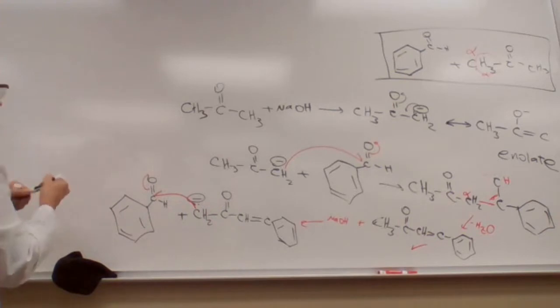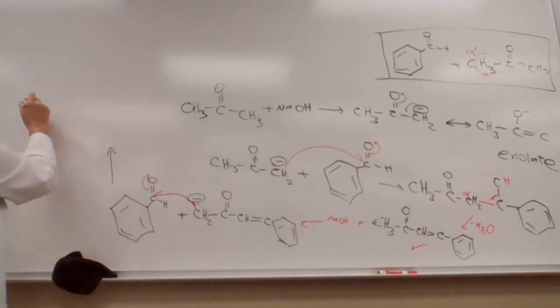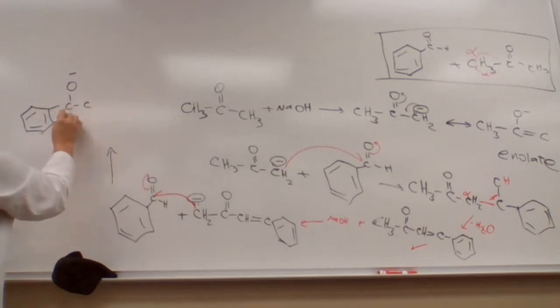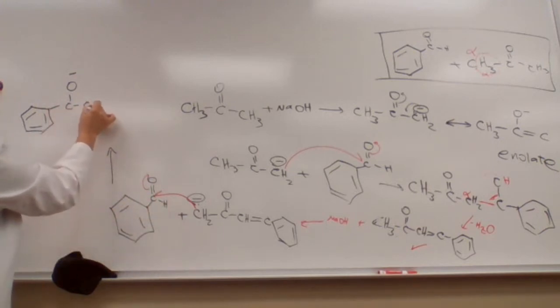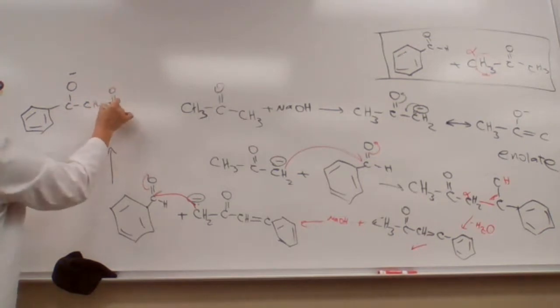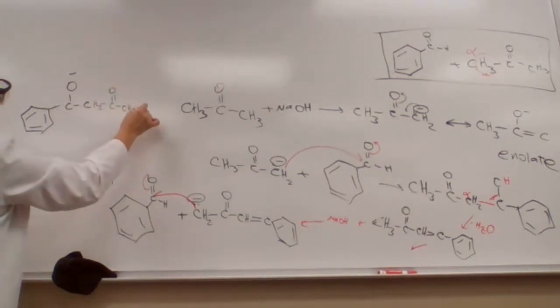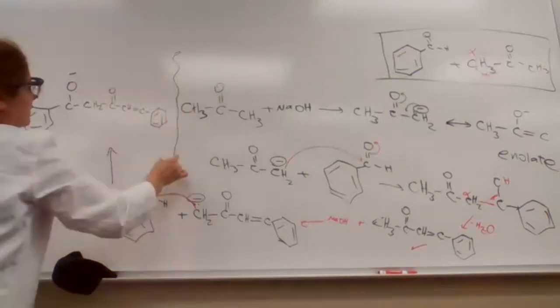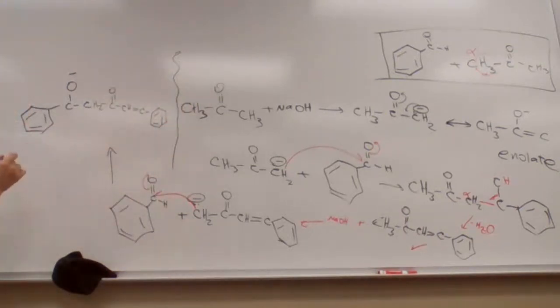The intermediate for this is going to look like another alkoxide again. I'm just going to write the steps. You get the negative charge here, the CH here, CH2, C=O double bond. Okay, that's your intermediate compound.